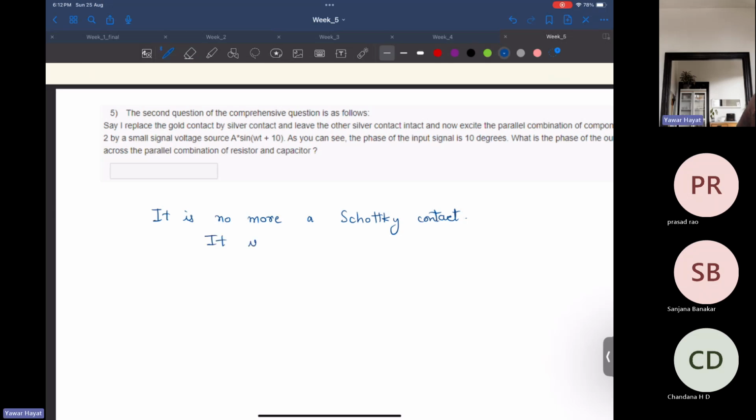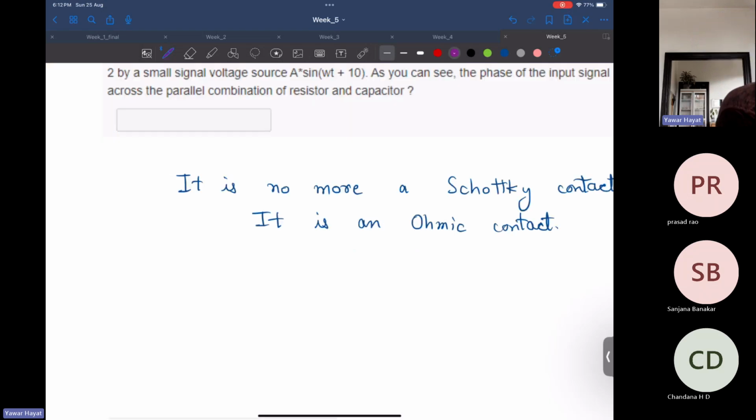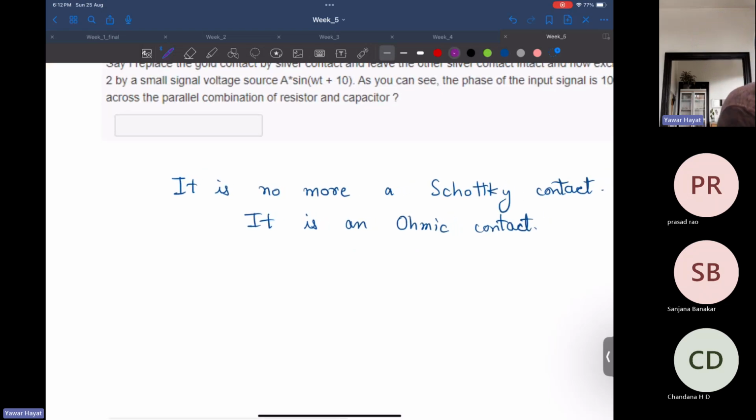It is an ohmic contact, right? And yeah, it is an ohmic contact. The behavior is now similar to that of a resistor, right? So we won't have capacitive action anymore. It will just be merely a resistor. So I'll write that as well. Why? Because this contact is ohmic now.